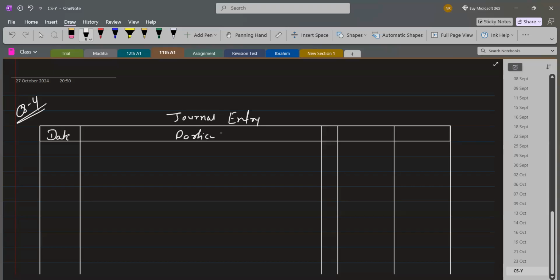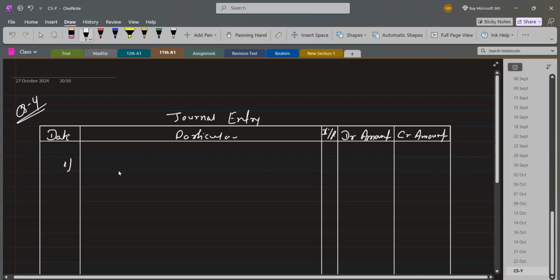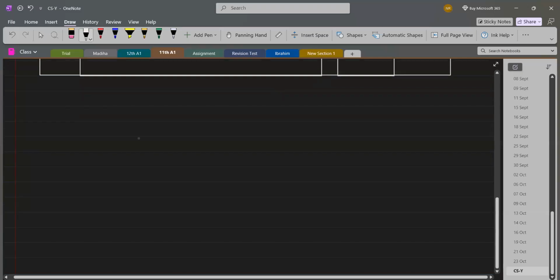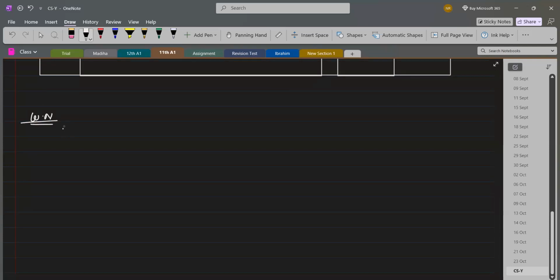Date, particular, LF, debit amount, credit amount. So first of all, entry number 1. For this one, credit sale of 570 to Mohan was recorded as 750. Now, the working note: credit sale to Mohan.